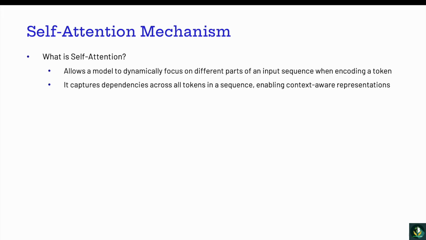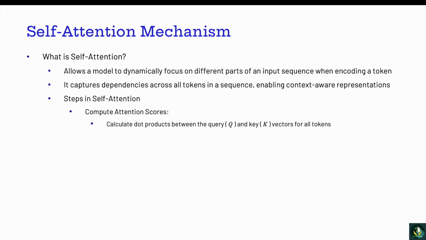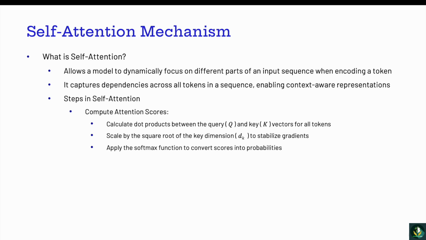enabling context-aware representations. The steps involved in self-attention include, first, compute attention scores, where you calculate the dot products between the query Q and key K vectors for all tokens. Then you scale by the square root of the key dimension dk to stabilize the gradients. Then you apply the softmax function to convert scores into probabilities and weights.